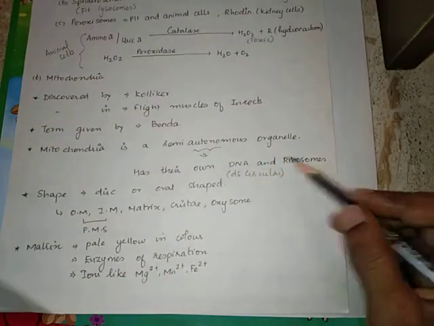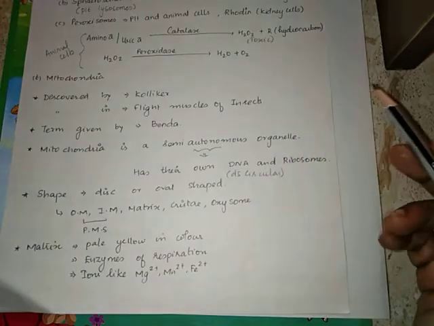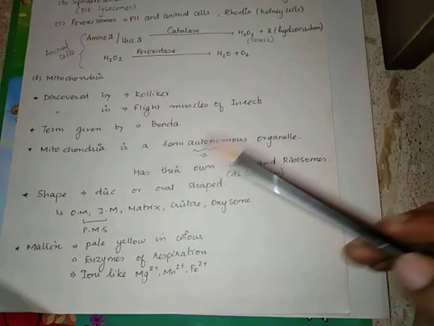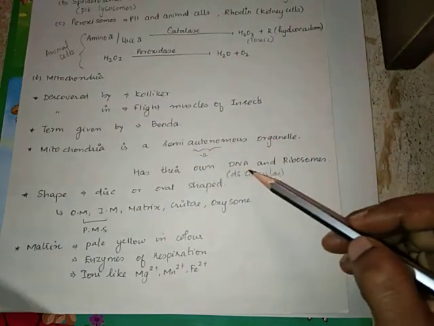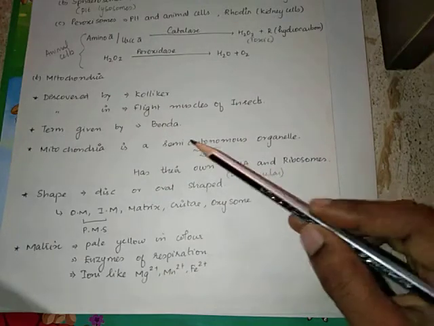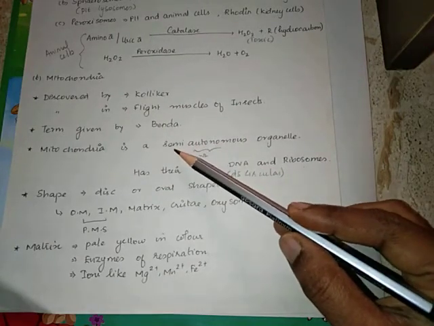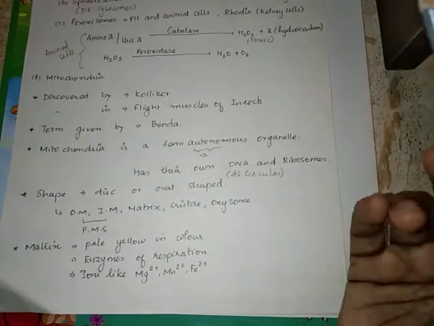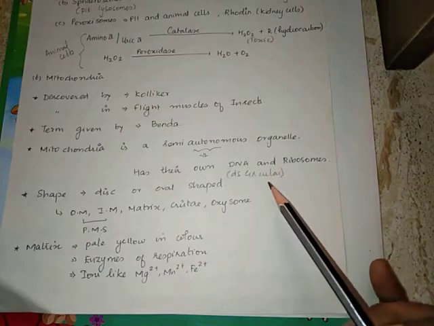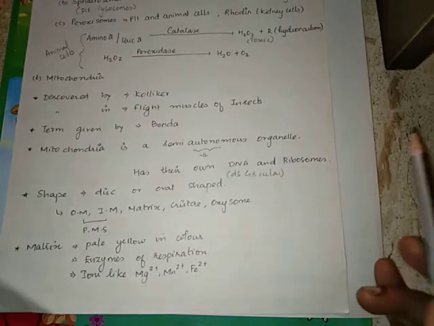So it does not depend on the cell in which it is present for its proteins and DNA replication. So it is called a semi-autonomous organelle. But it is called semi-autonomous because outside the cell, mitochondria is not functional. Inside the cell, it can perform its function using its own DNA and ribosomes.